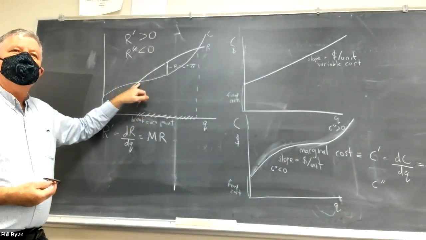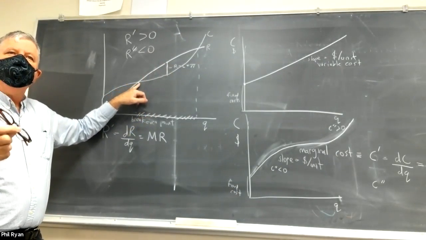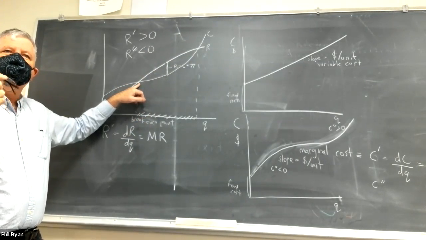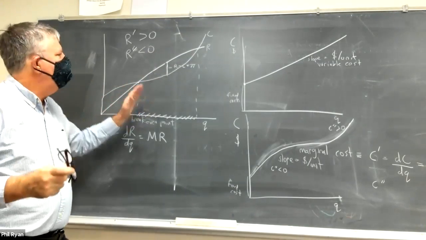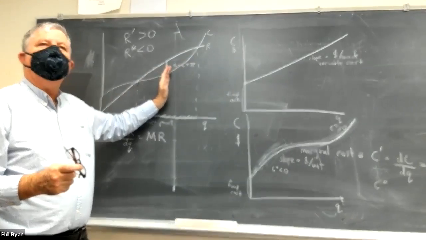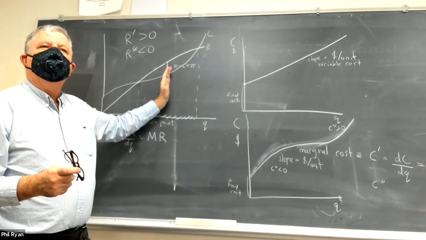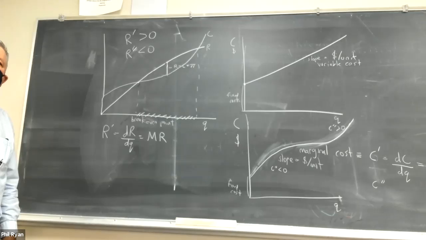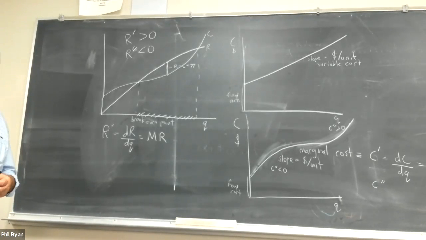When R equals C, that's when you break even. That's when revenue equals costs and you're just getting by. And then you increase and then you make a profit. And at some point, you're going to make your maximal profit. That make sense? Sort of.